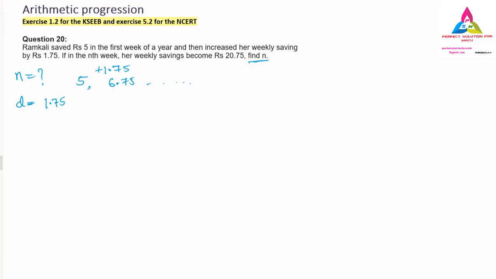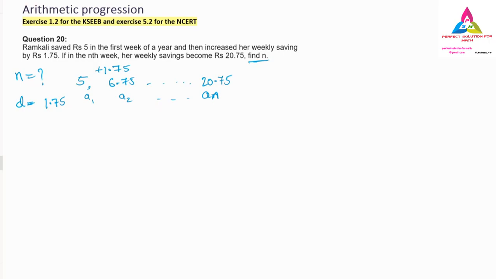Similarly, lastly they have asked about the nth week. So 5 is the first week, and the next one 6.75 is the second week. Similarly, the nth week. Her savings become 20.75 rupees per week, means she has increased her savings to 20.75.